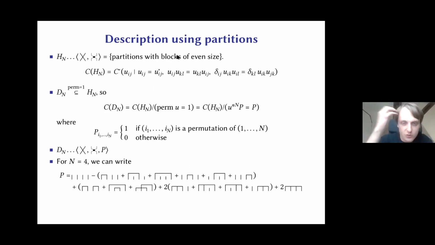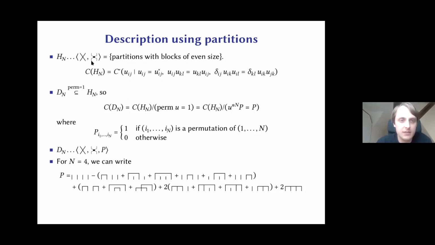Now, as I said, the idea is to describe this group using partitions and then kick out all the crossings. So the hyperoctahedral group is a partition quantum group, and this corresponds to the category of all partitions with blocks of even size.